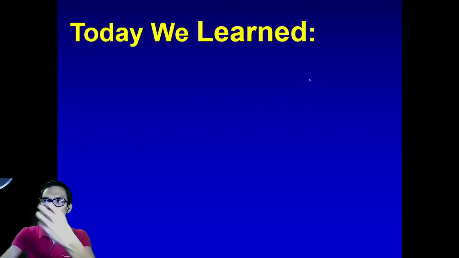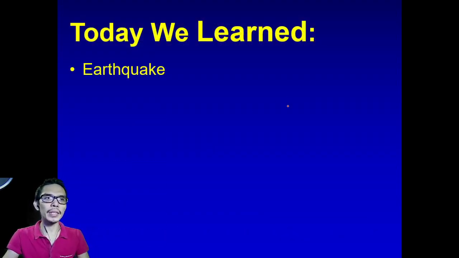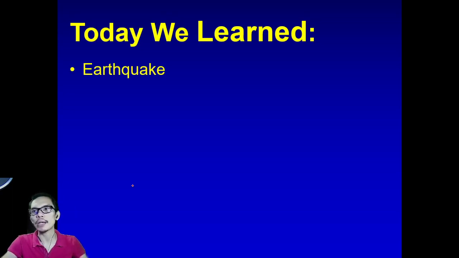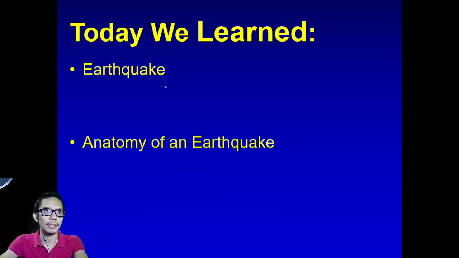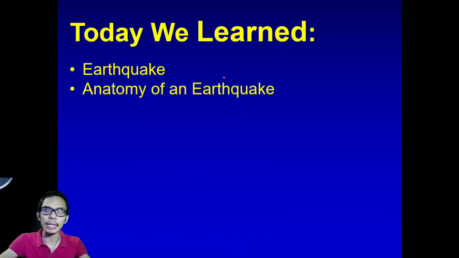Alright, so before we end, these are the things that we have learned today. So number one is the earthquake. Earthquake is the sudden shaking of the ground, and earthquake releases the energy and creates these seismic waves respectively. Now, you know already the anatomy of an earthquake.